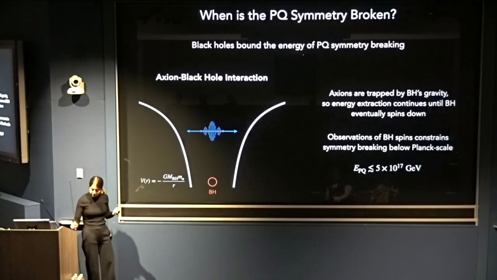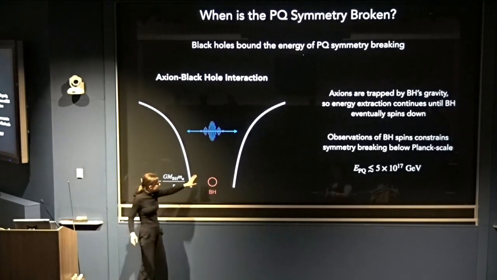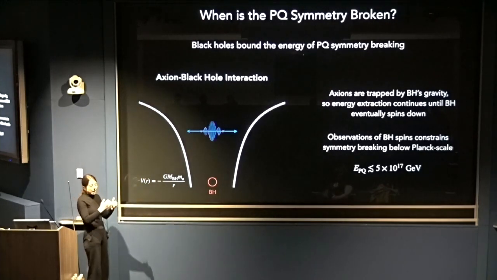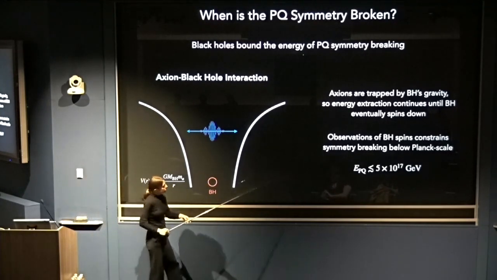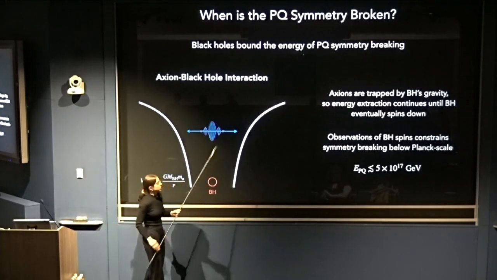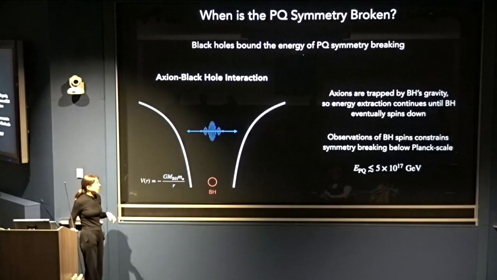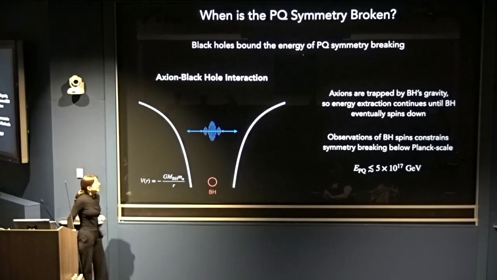One of the constraints that's been very powerful from these black hole measurements is to put a bound on that energy scale where you expect that PQ symmetry breaking to occur, and it puts it just below what's called the Planck mass, which is an energy scale above which regular physics can't explain anything anymore.